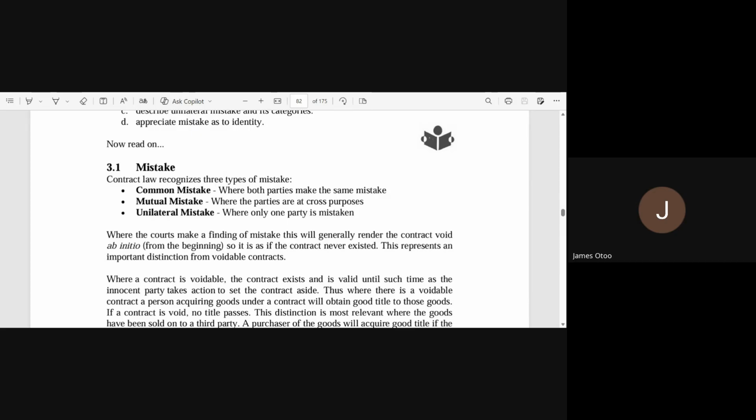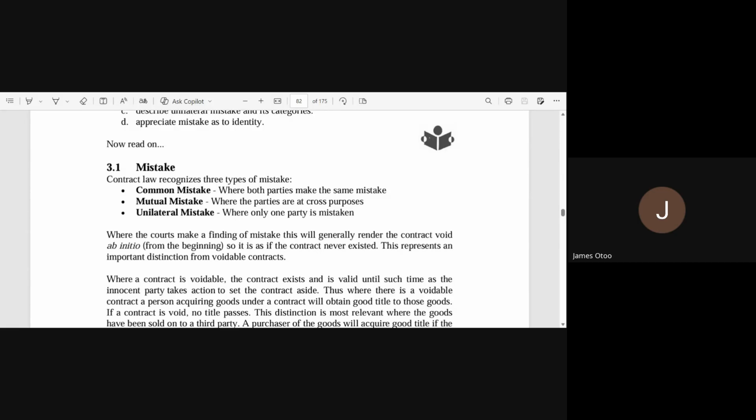Common mistake, both parties make the same mistake. Mutual mistake, the parties are at cross purposes. Unilateral mistake, only one party is mistaken. You will see some of the examples when you talk about mistake in contracts.